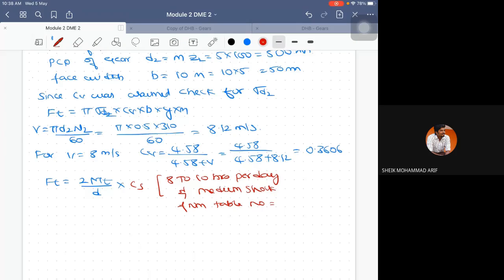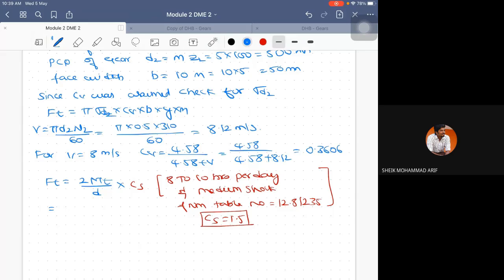I have to just scroll up. Oh, already you have given sigma D2, 90.8, page number 235. Okay, there you have, depending upon this, service factor as 1.5. So that I am going to use it.